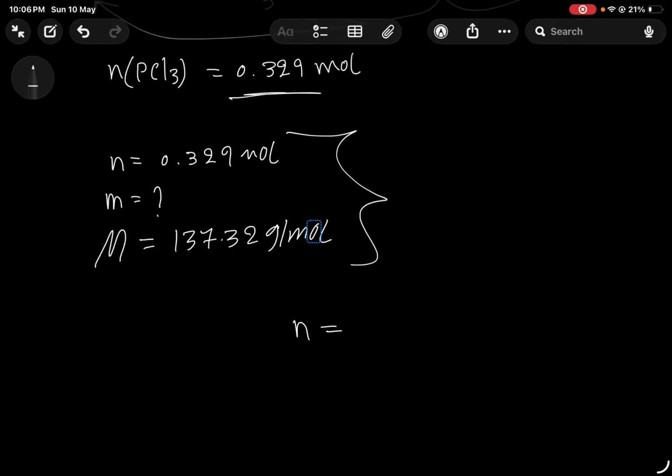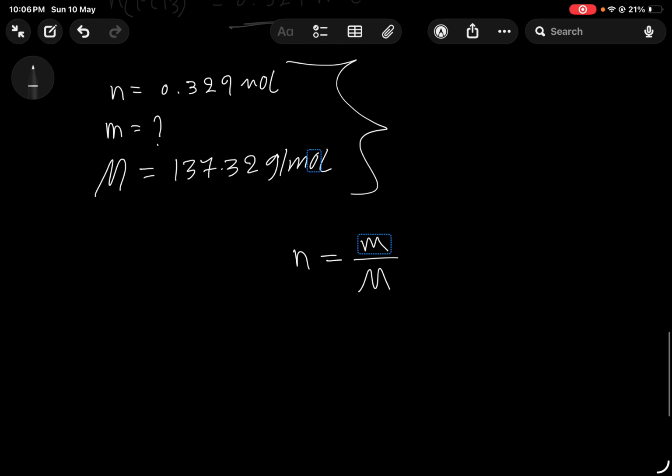Now, if you guys remember, we will be using this formula to find it. n is the moles, m is the mass, and this is the molar mass. This is the general formula, but in this case we're trying to find the mass, so we're going to use m equals moles times molar mass.